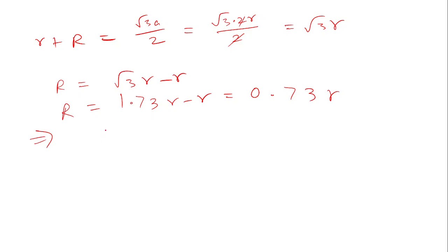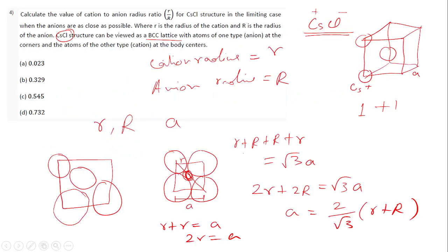So the relation of r by capital R, this is where I made the mistake. They were telling about the anion, right? That anions are as close as possible.